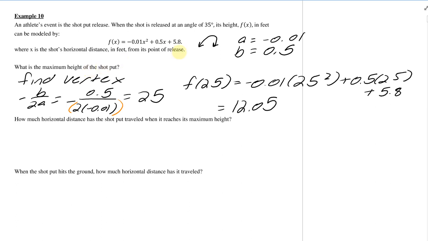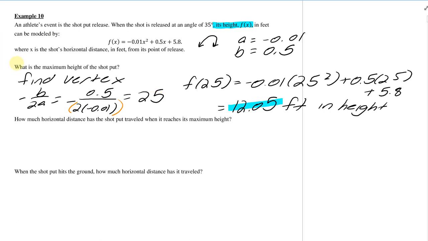What is the maximum height? What part of this function represents height? If I go back to this, it says height f of x. So by plugging 25 into this, this actually gives me the height. So this will be 12.05 feet in height. So this is your maximum height right here.